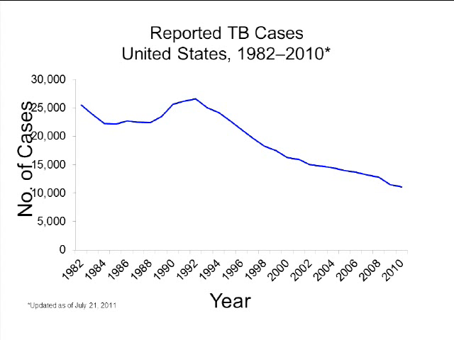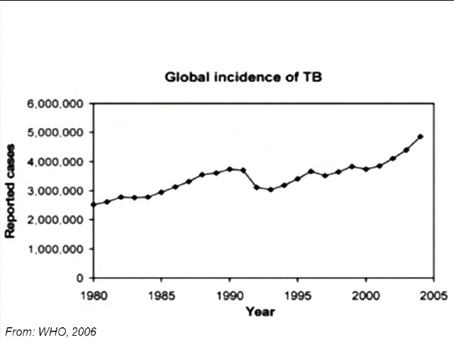Okay? And what I'll show you is that this rate is really directly proportional to foreign-born people now. So the increase rate, if there's any increase in the U.S., it's from foreign-born people and not necessarily spread from person to person of people that live here. Meanwhile, the global incidence of TB has been steadily rising.